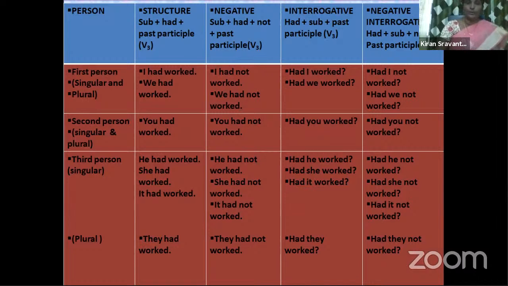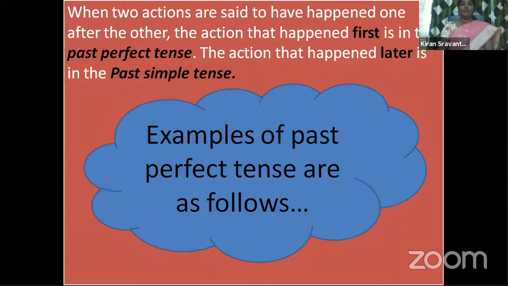And once again, let us learn when to use the past perfect tense and how to use it. When two actions are said to have happened one after the other, these two are completed actions, and they happen one after the other.